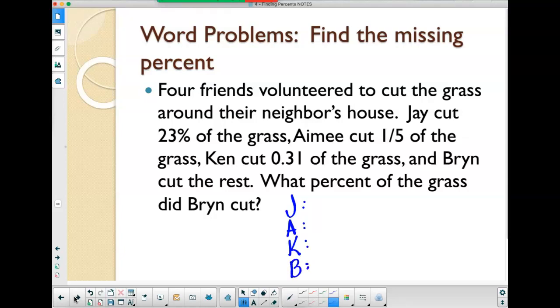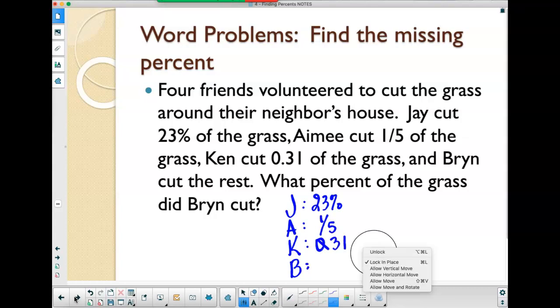Okay, and let's go through and write down the amounts that each one cut. Jay cut 23%. Amy cut 1/5. Ken was 0.31. And Bryn, we don't know. That's what we're trying to figure out.